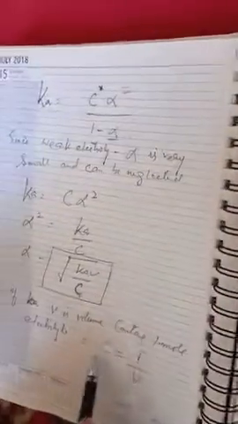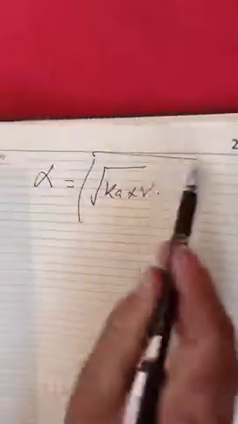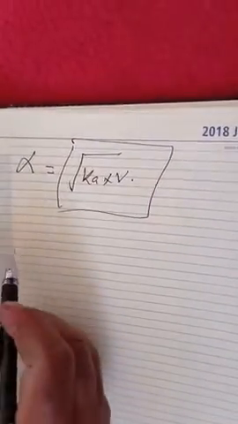So from these two equations, we can define Ostwald's dilution law.